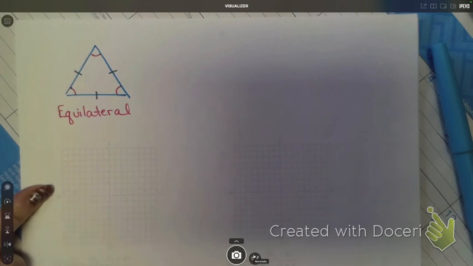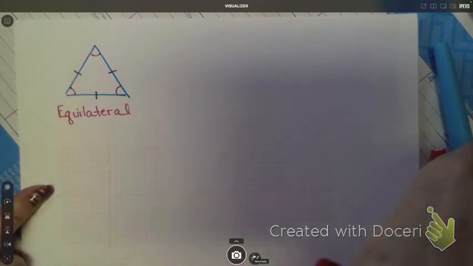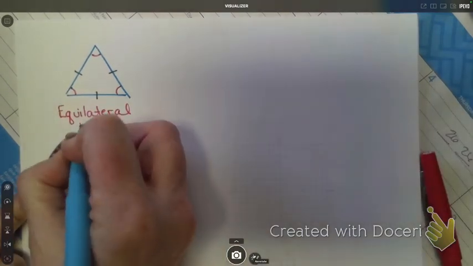What is that? 45? Nope. 120? 90? Nope. How many degrees is in a triangle, guys? Not 360, not in a triangle. Is it 180? So it's 180, and all the angles are the same.